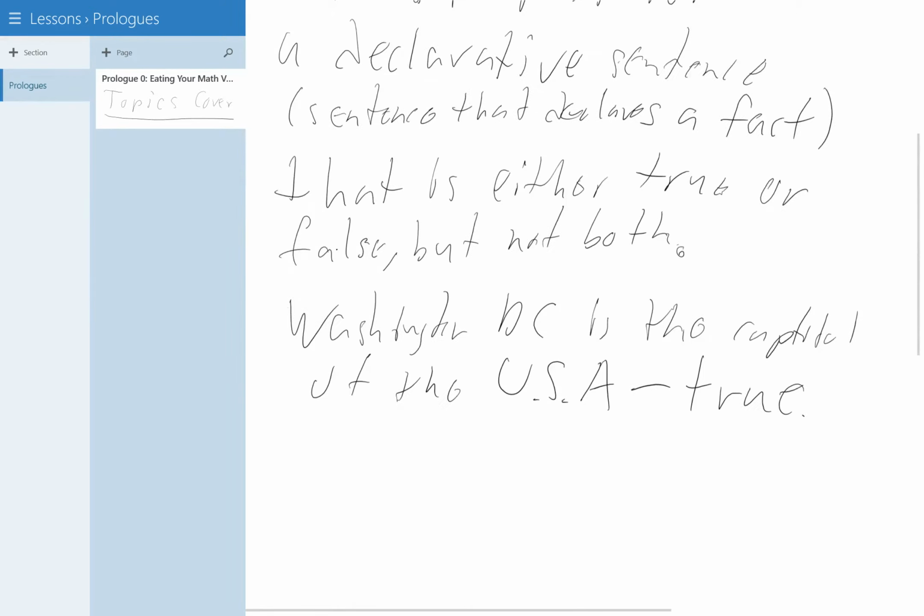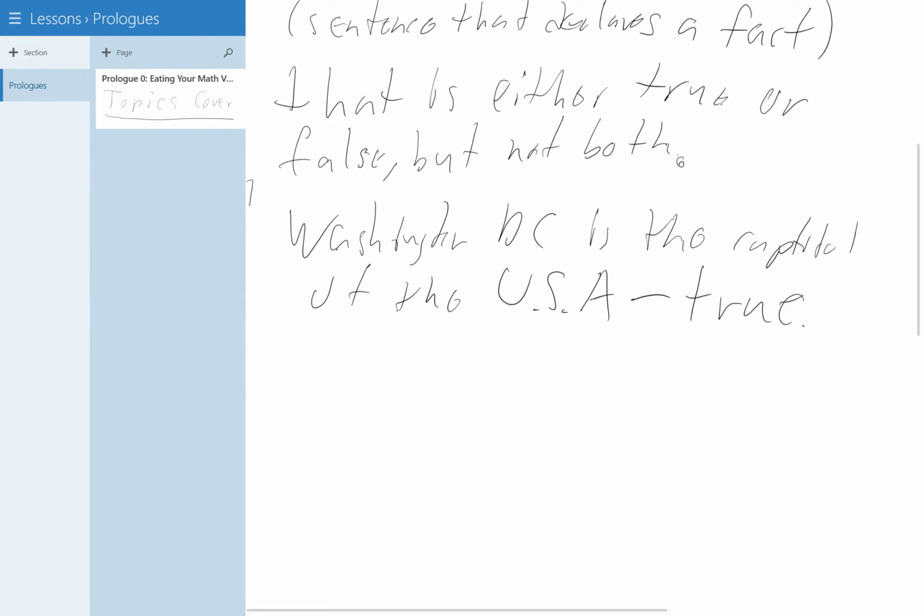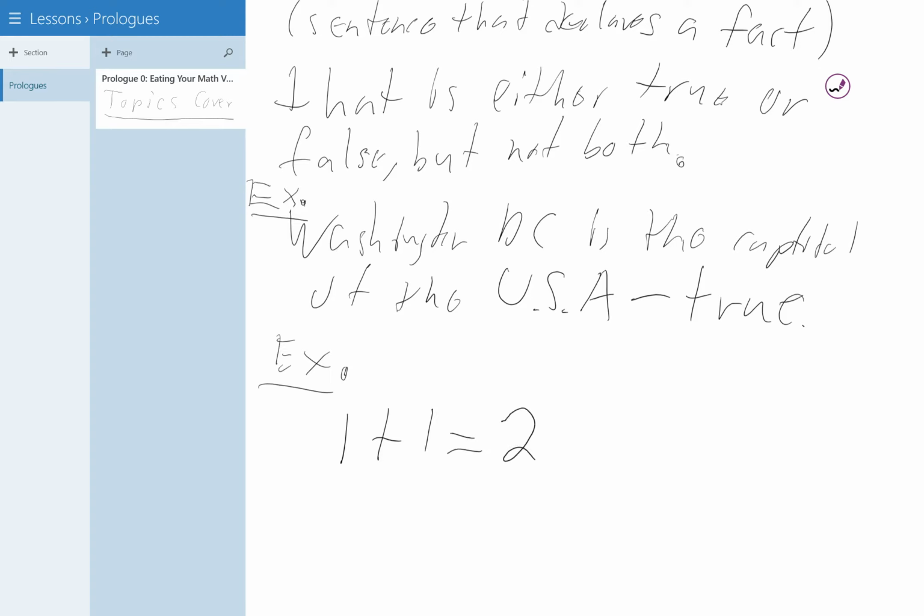Another example of a propositional statement would be a basic mathematical statement that you've seen before, like 1 plus 1 equals 2. Does it state a fact? Yes, it does. It's stating that 1 plus 1 equals 2.